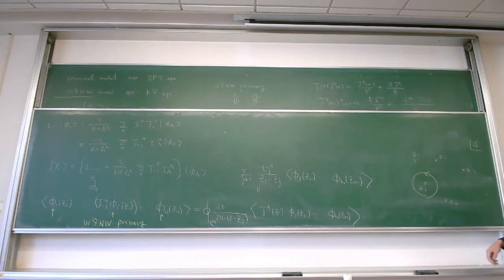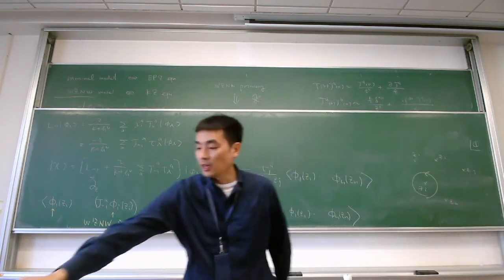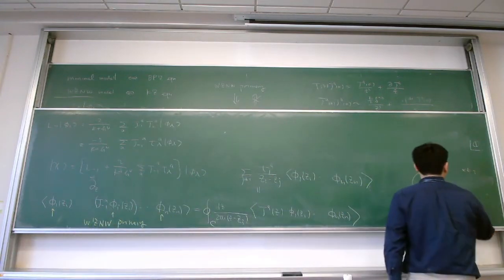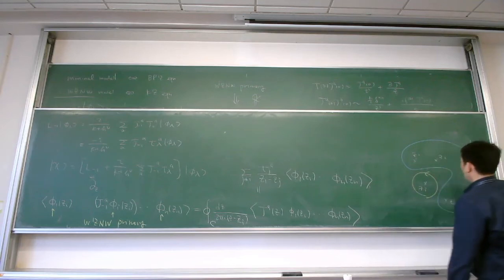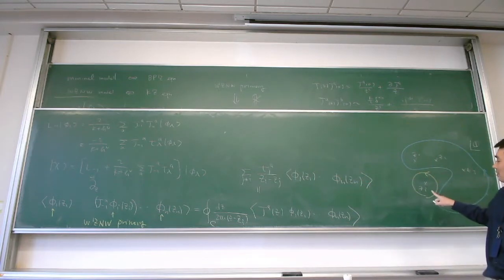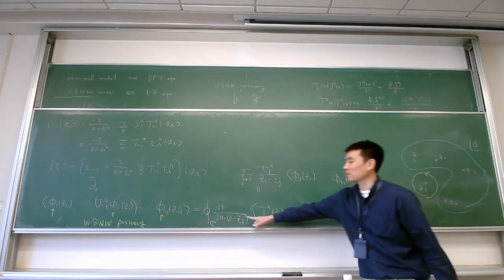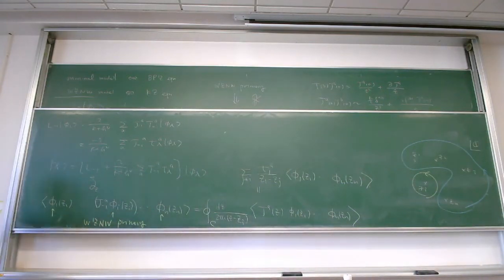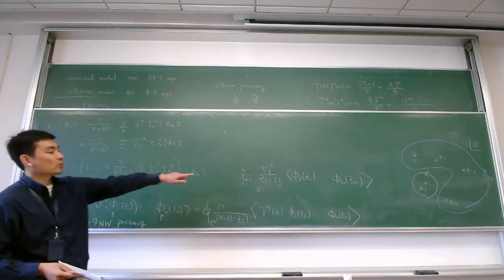But of course, this can be compensated by doing the other part, the opposite way, counterclockwise. It should be the same. So if you do the blue integral, you get this one, and if you do the yellow or green integral, you get this. So this is the action of J minus 1 a on this one.